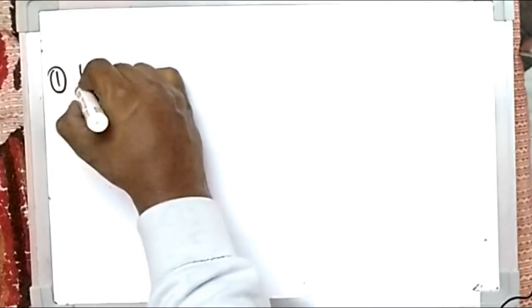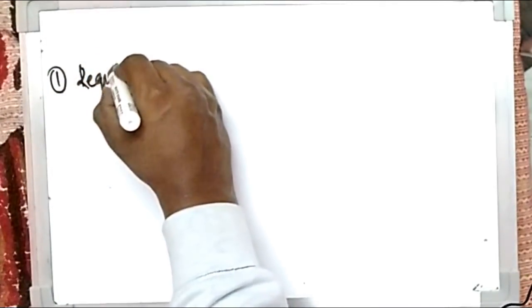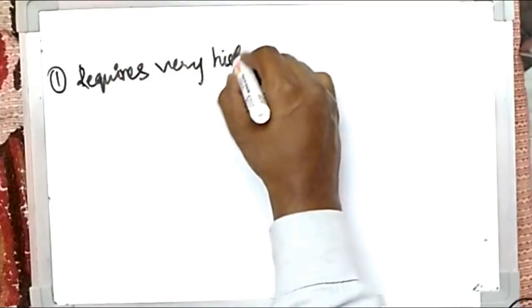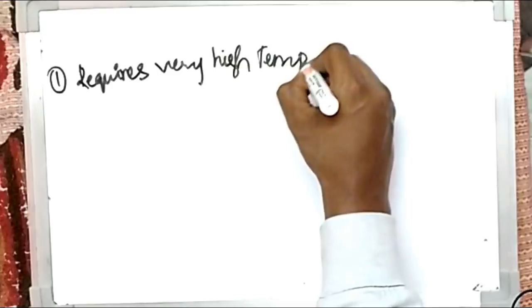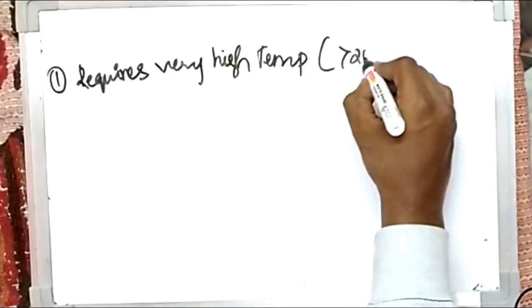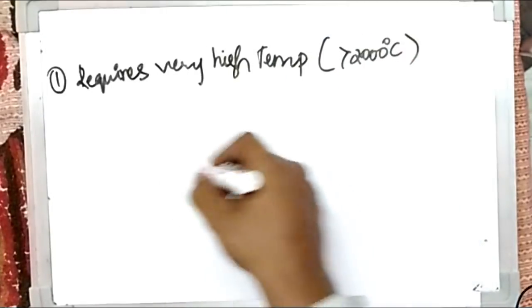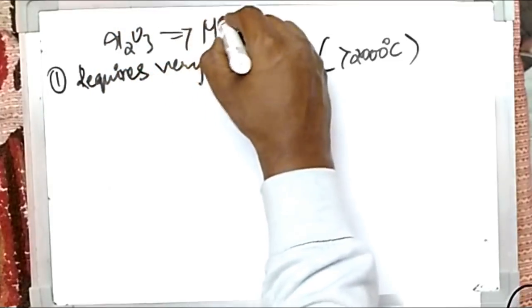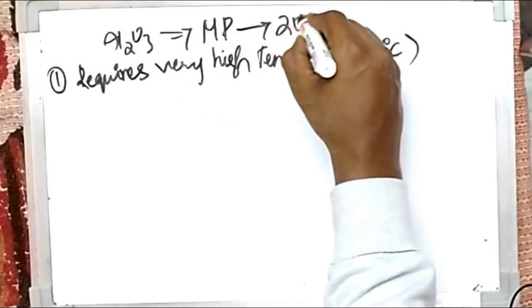The main reason is that it requires a very high temperature, greater than 2000 degrees Celsius, because we are dealing with alumina, Al2O3, whose melting point is itself 2040 degrees.